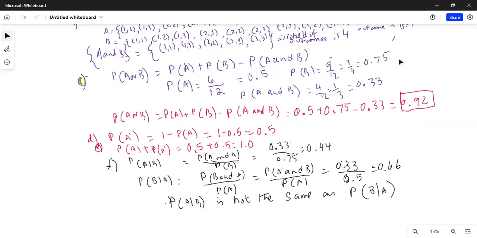The conditional probability A given B means first B has occurred, then A occurred. Actually, what we find out is probability of A and B divided by probability of B, or in other words, what part of the event in B is A. So what fraction of B is A? That's what we are finding out by the formula.